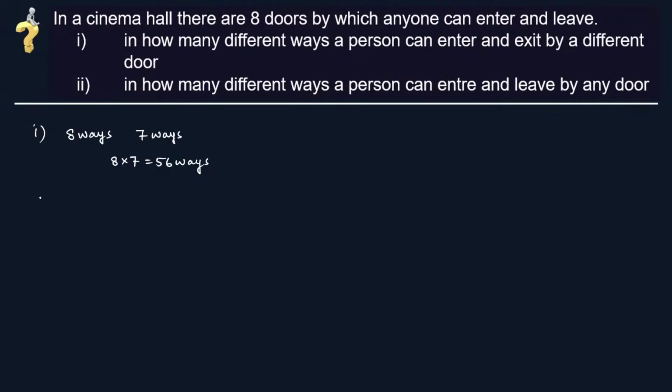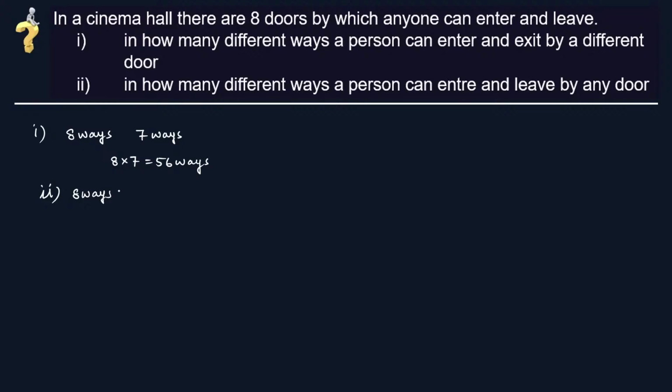In how many different ways can the person enter and leave by any door? So I can enter the cinema hall in 8 ways. Now I have no restriction. I can come out from the cinema hall through the door which I have used to enter. So again, for exit, I have 8 ways to come out.